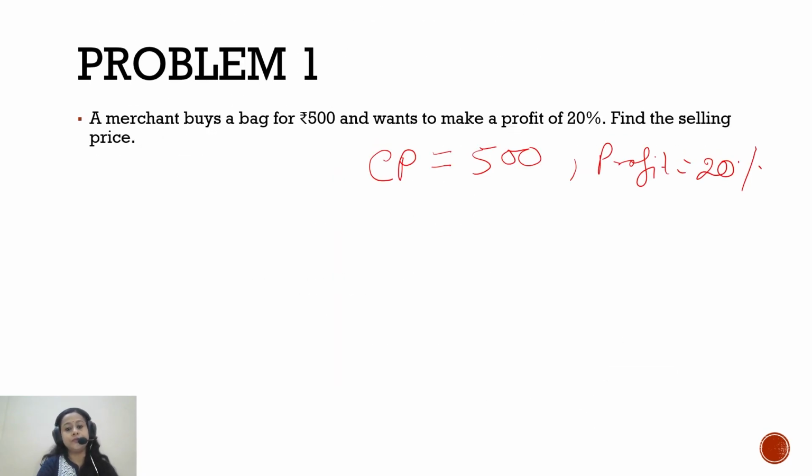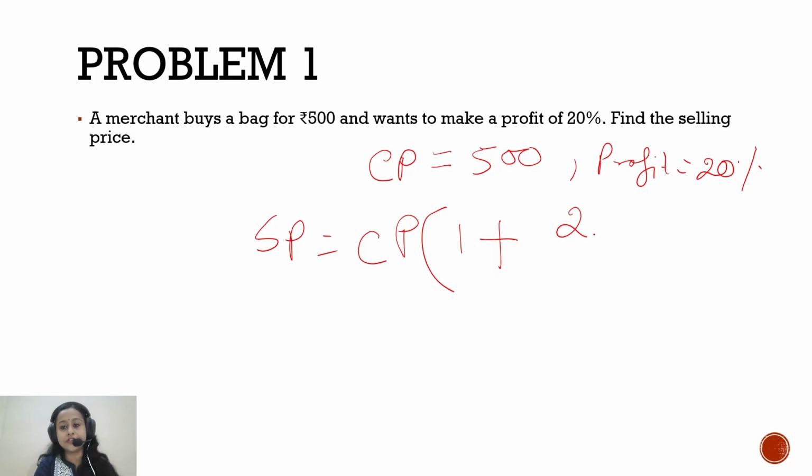Selling price will be cost price into 1 plus profit percentage by 100, and we will just substitute the values.